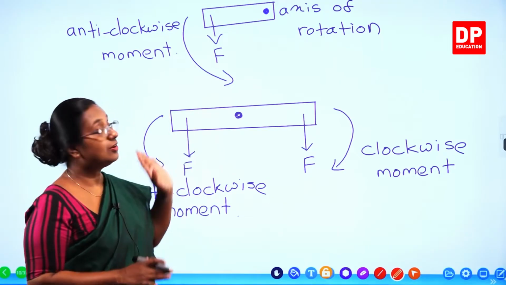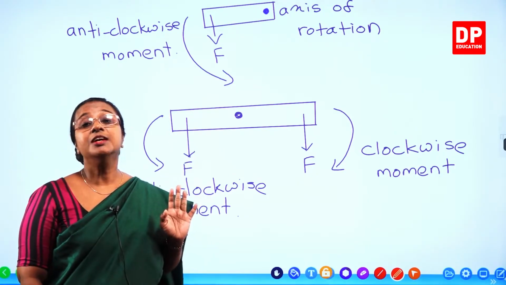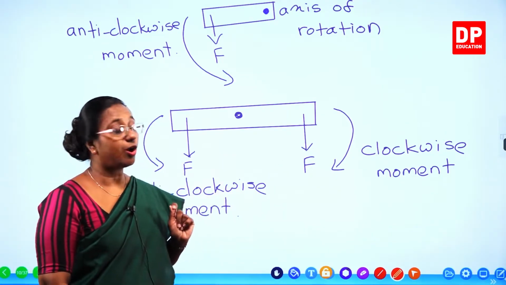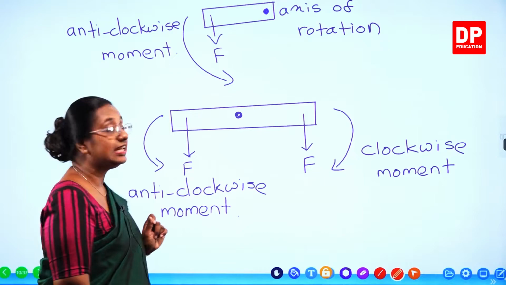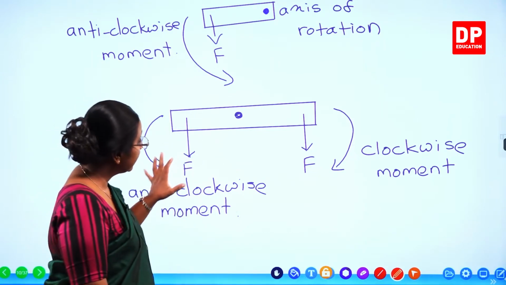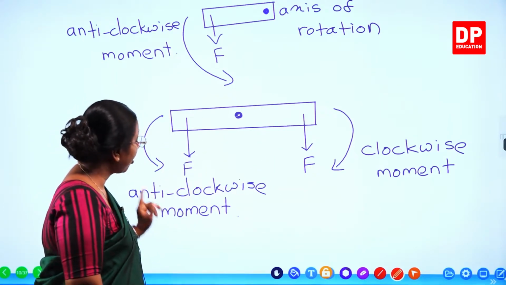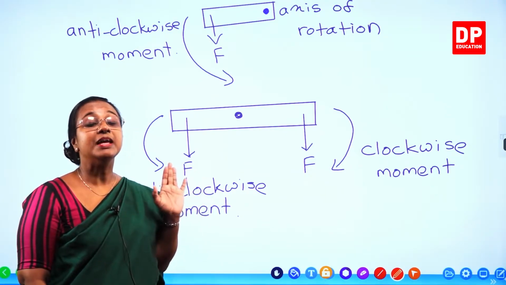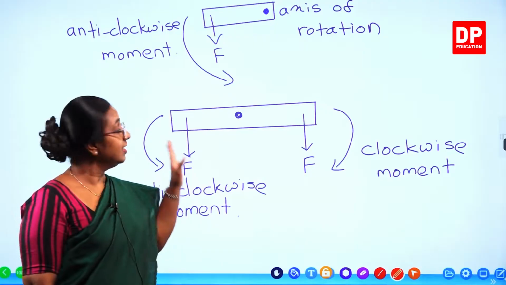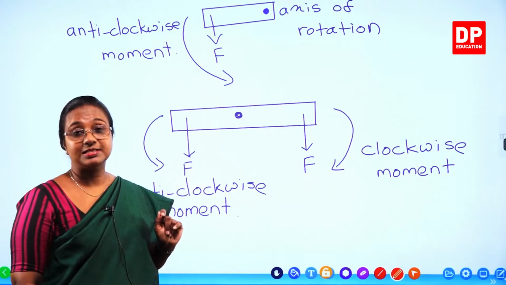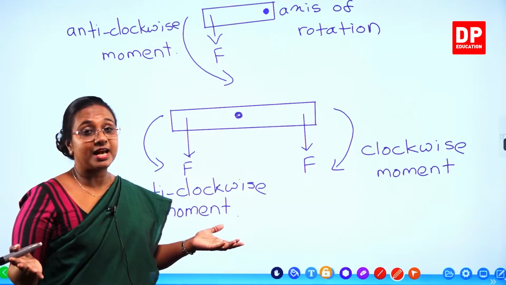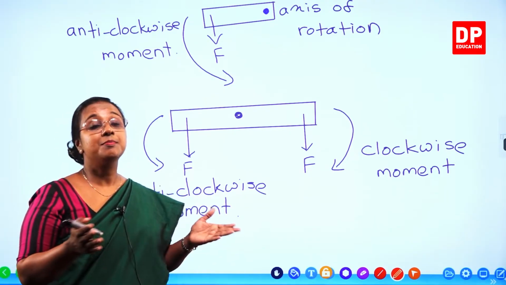So here we looked at direction for the rotation, and from there the clockwise moment and the anti-clockwise moment. But in an instance where you have both clockwise and anti-clockwise moment, and if you can make them equal, then there will be a balance. Like how we have seen before, if there is no resultant, there will be a balance.